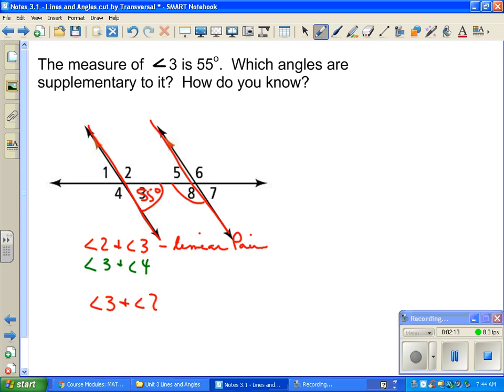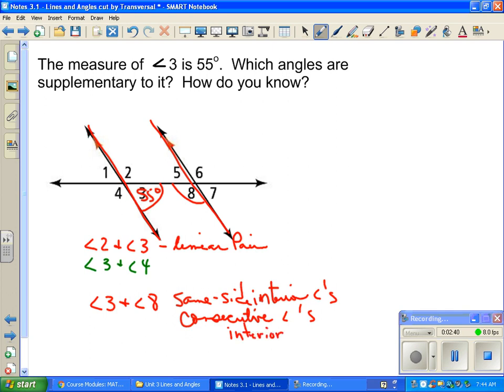So angle 3 and angle 8 are what we call same side interior, or we could call that consecutive interior angles. There are 2 names for this one. So there is another pair of angles.